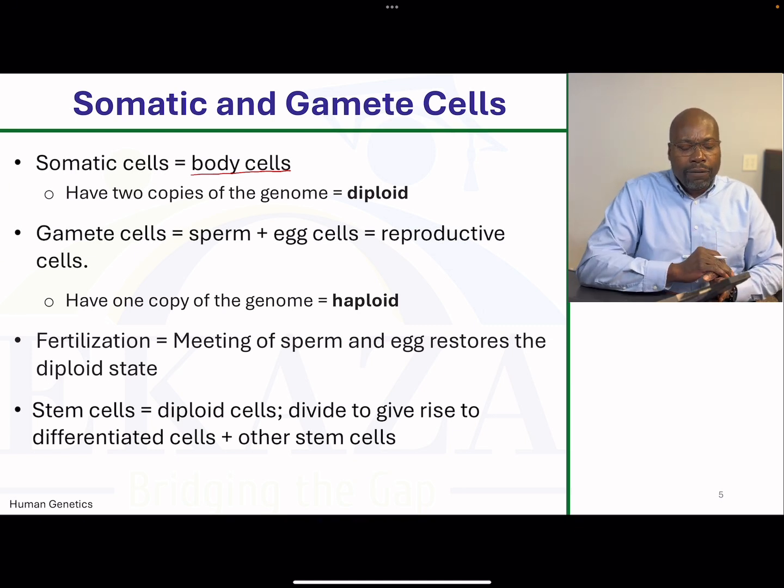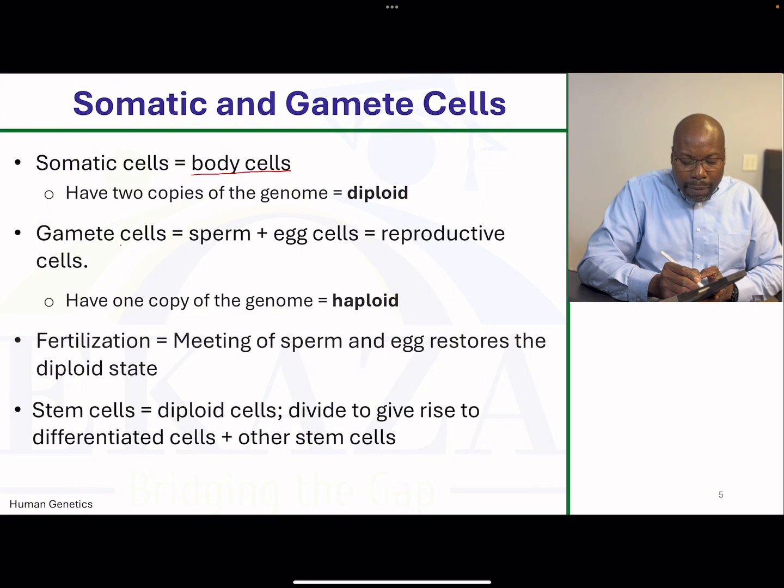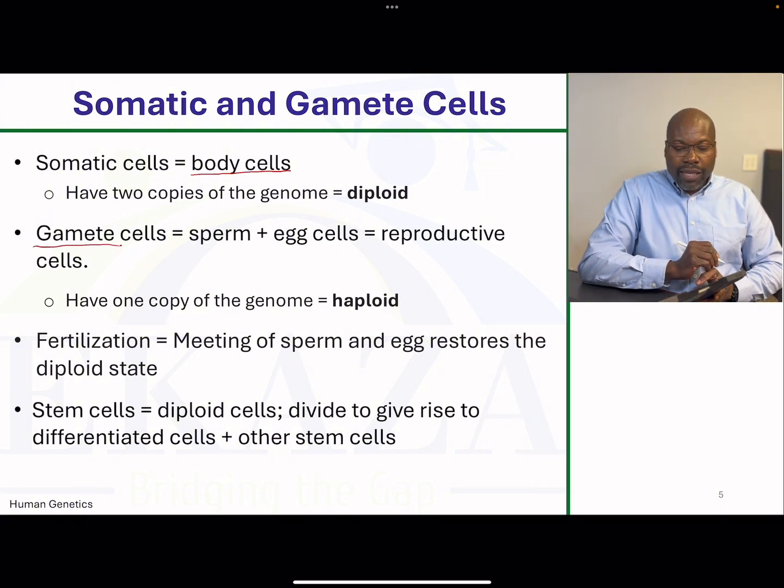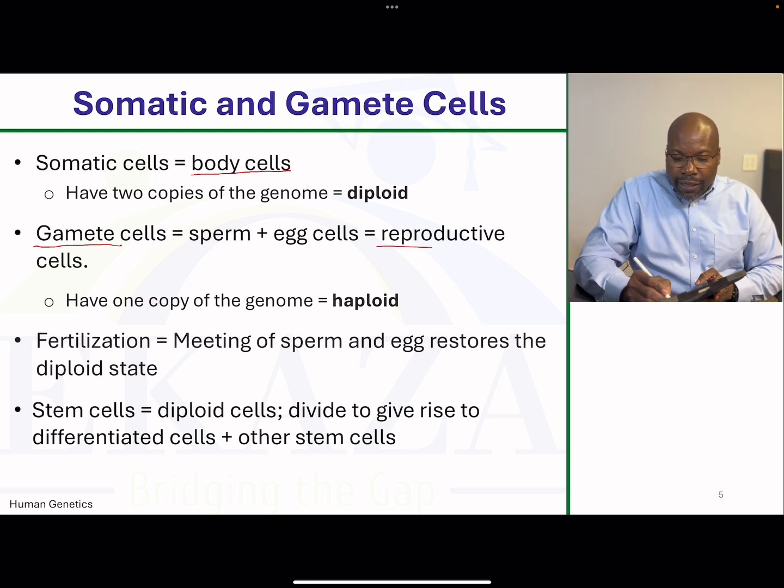Now, the second type of cells are gametes or sex cells. These gametes or sex cells are reproductive cells. These reproductive cells are sperm cells and egg cells.